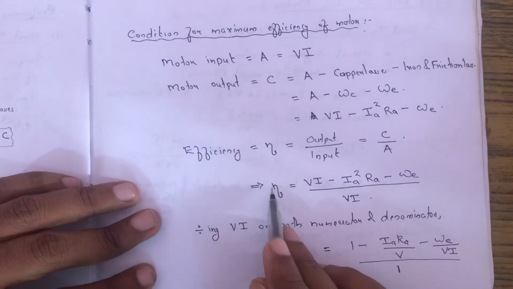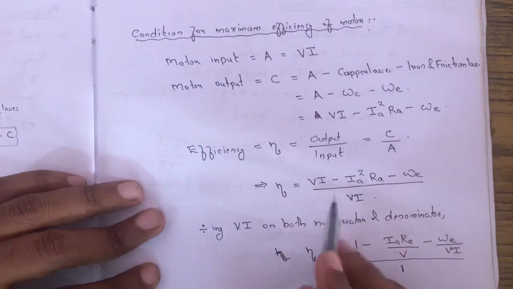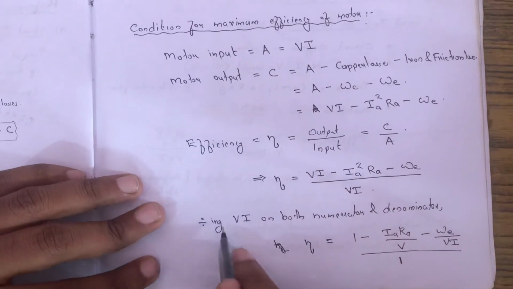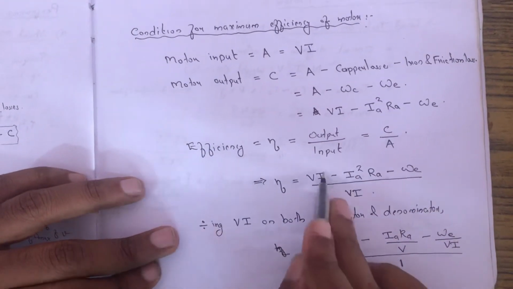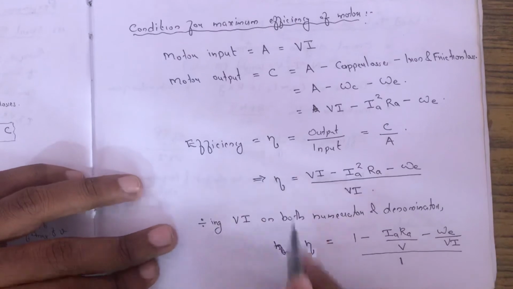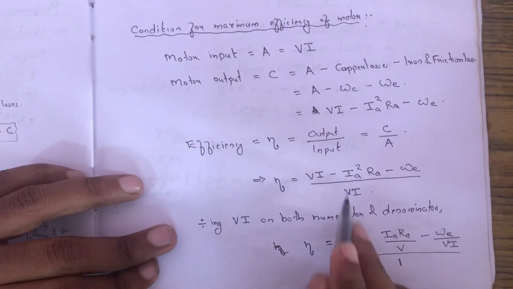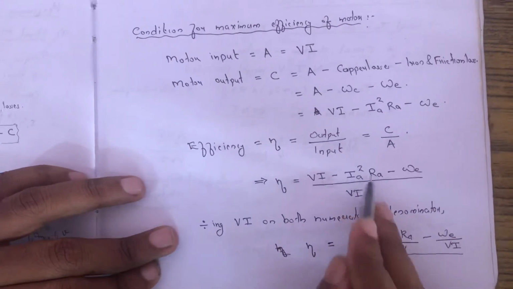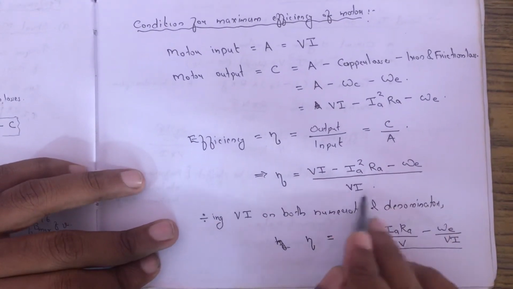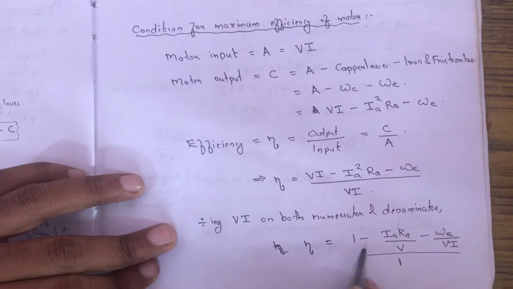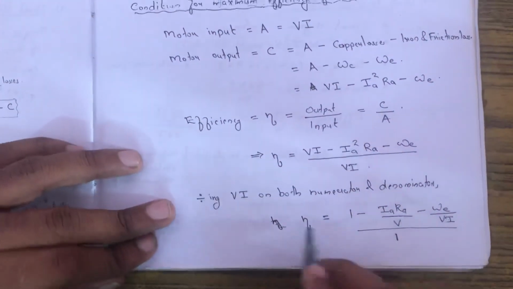For easiness, we divide by VI in both numerator and denominator, so efficiency is equal to 1 minus IA square RA by VI minus WE by VI, the whole divided by VI by VI, which is 1.